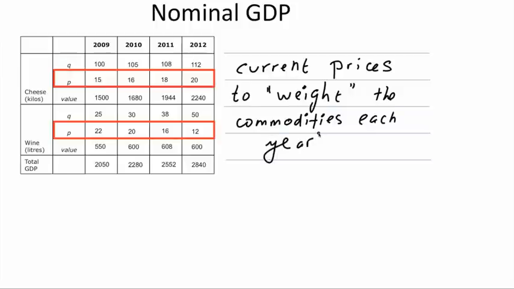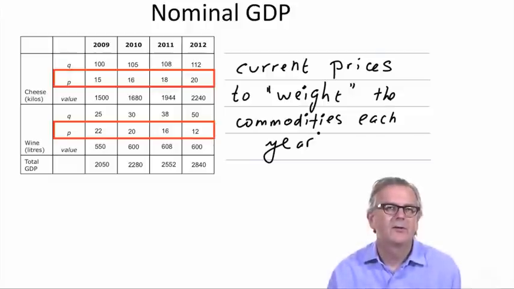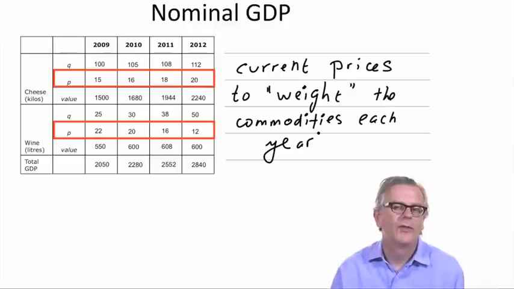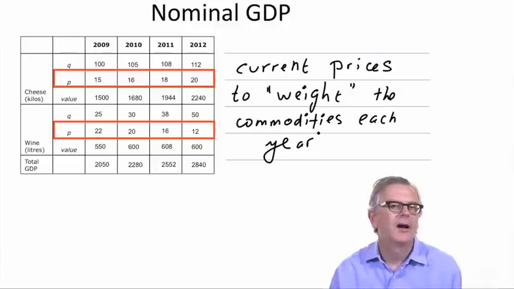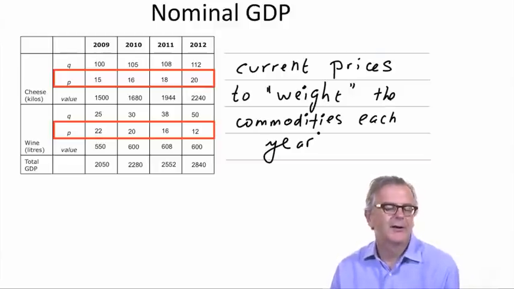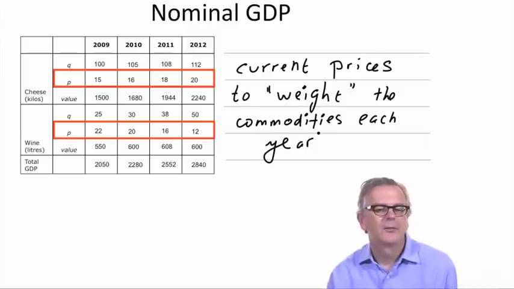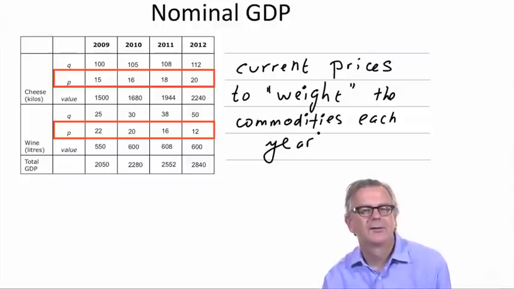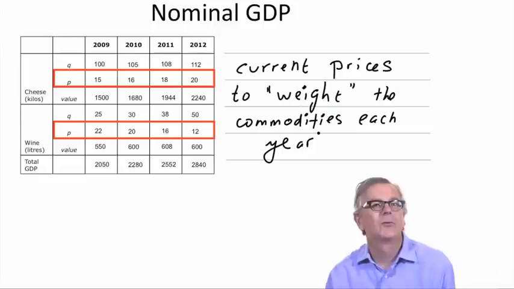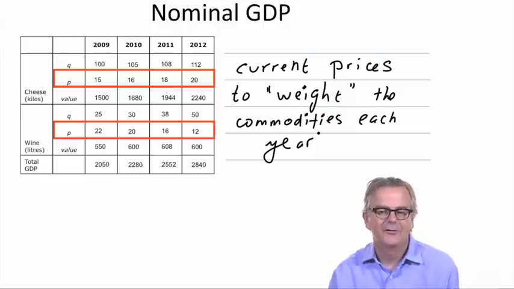You can think about what's going on here as follows. For a given quantity, commodities with a higher price will therefore be given a higher weight in the calculation of GDP. So let me just repeat that. For a given quantity, commodities with a higher price will receive a larger weight in the calculation of GDP.